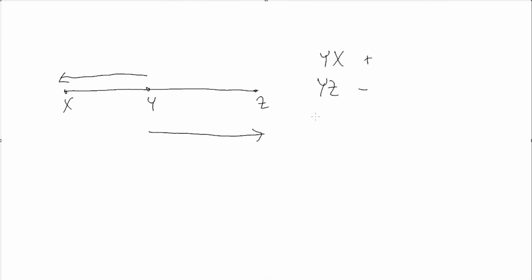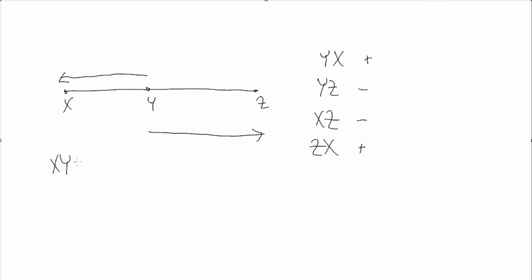And by this logic, we would also have that XZ is negative because XZ goes in the same direction as YZ. So XZ and YZ have the same direction and therefore the same sign. And ZX has positive sign. In general, XY is equal to negative YX.